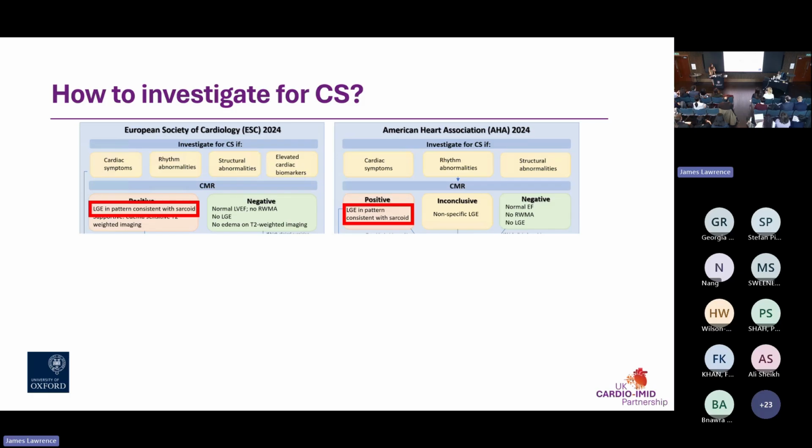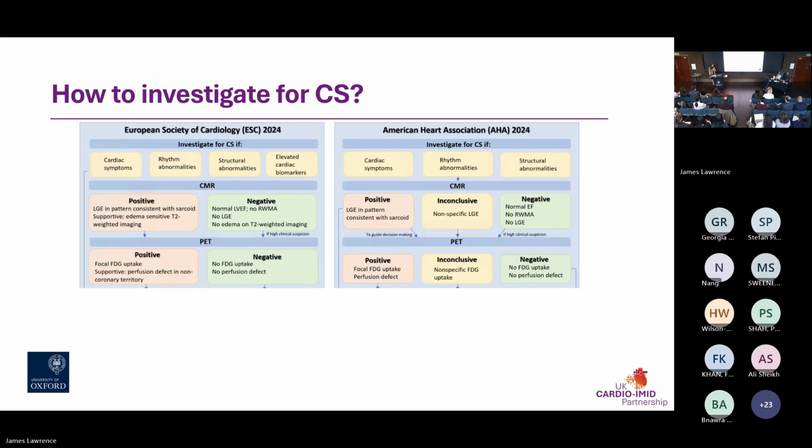And here you're looking for late gadolinium enhancement in a pattern consistent with sarcoid, though T2 weighted imaging can be supportive. If you have high clinical suspicion, or if you think actually it's positive and you want a baseline PET, you can go on to do a PET at this point. And here you're looking primarily for that focal FDG uptake pattern that I showed.